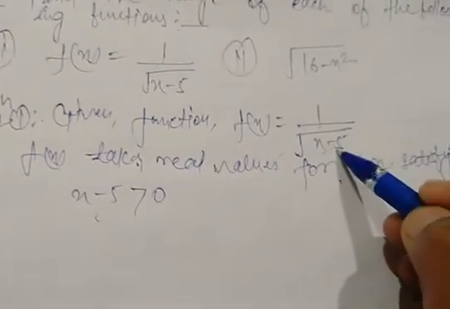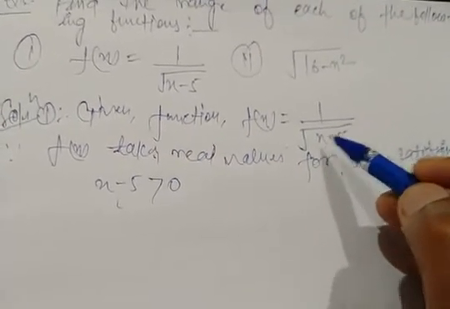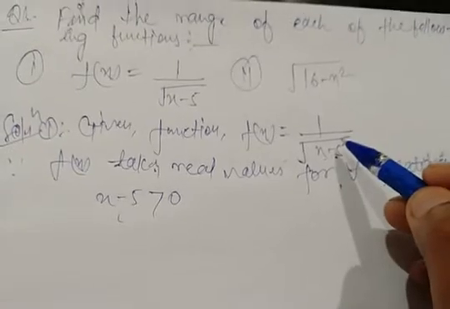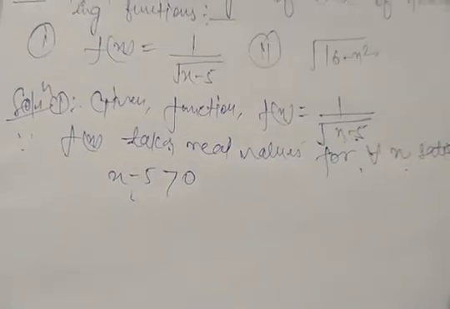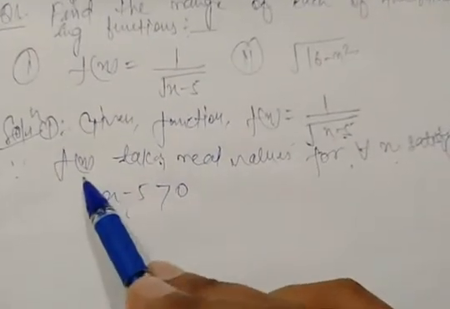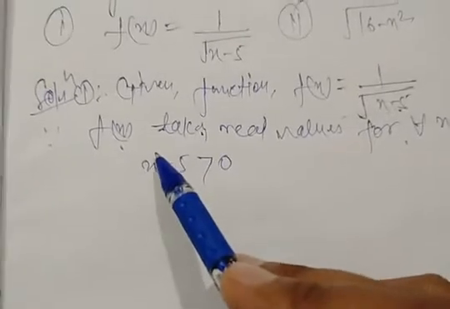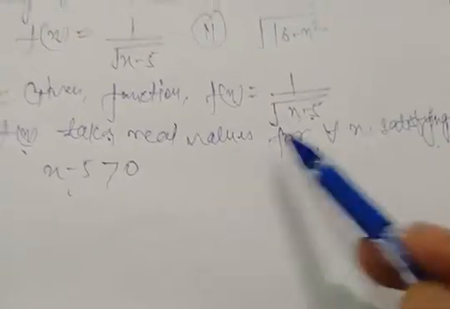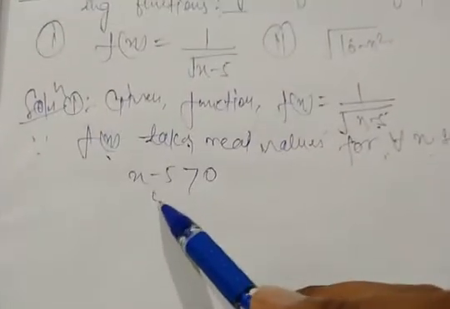If that is less than 0, that is minus, you know that the square root of any negative quantity is imaginary, not defined, not real. So f of x takes real values for all x satisfying x minus 5 greater than 0.